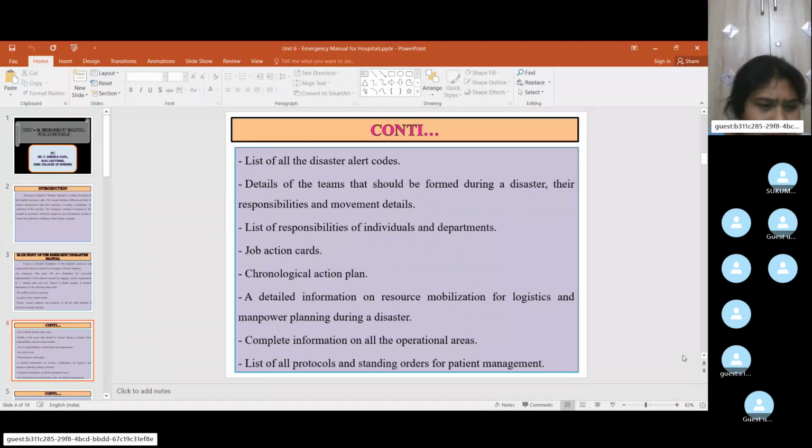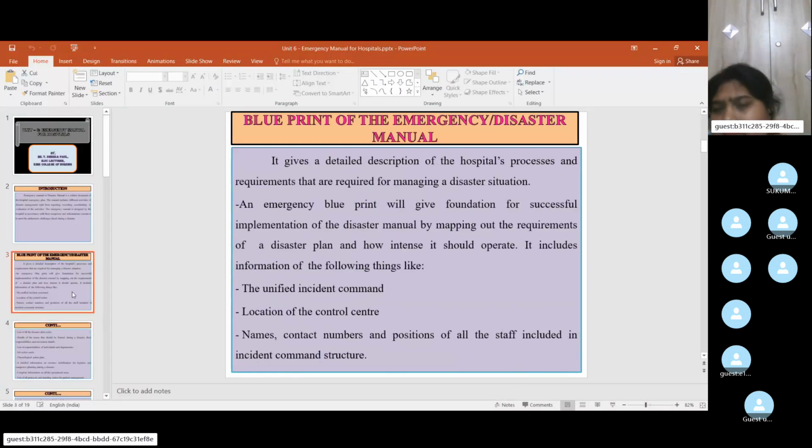So again, I'll list it down. Generally, a blueprint will have the whole description about the hospital. It will have the committee and the departments that are included, and also the initiative of different departments that will come together in providing care during the disaster. They should have a name list and contact numbers of people who are in the disaster control committee.